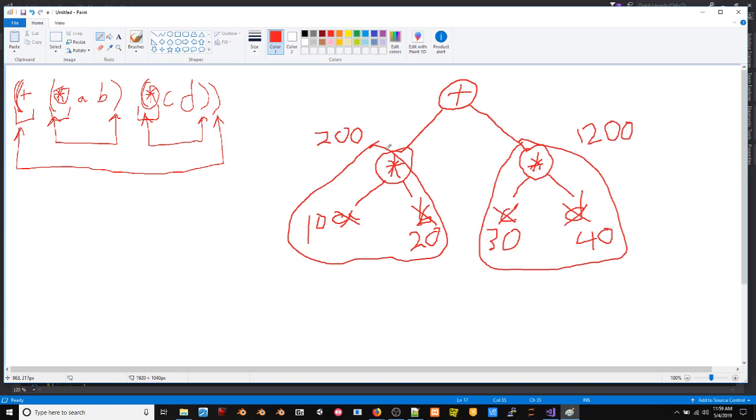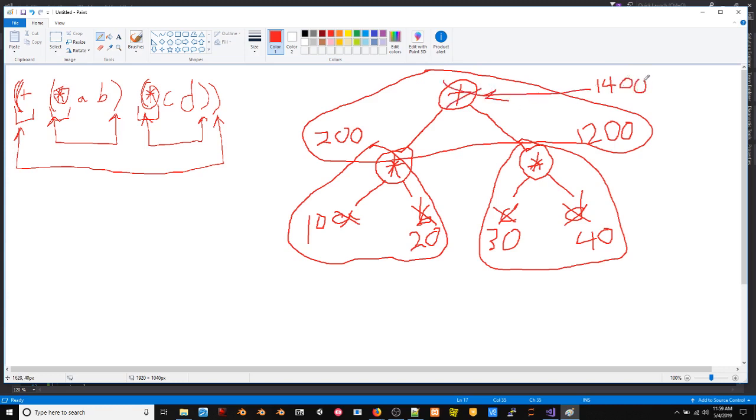Okay, and then we would operate on this item: 200 plus 1200 is 1400, and then we're done. That replaced this. Sorry, I didn't make it 1400. There we go. This replaced that whole group of items, and then it just moved up the tree. So you see that's all there, right?